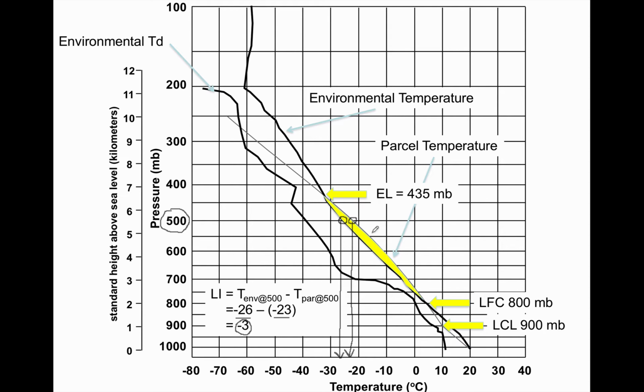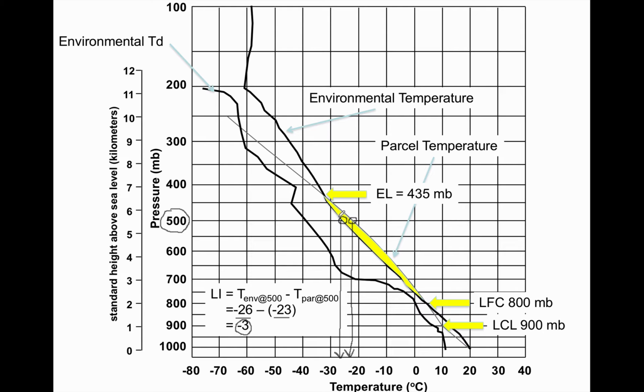And all that means is, right here at 500 millibars, the parcel's 3 degrees warmer than its environment, and therefore buoyant, just like the hot air balloon. So it's a quick and dirty assessment. Here's what you need to remember. If the lifted index is negative, that's a good environment for thunderstorms. Positive, not so good.